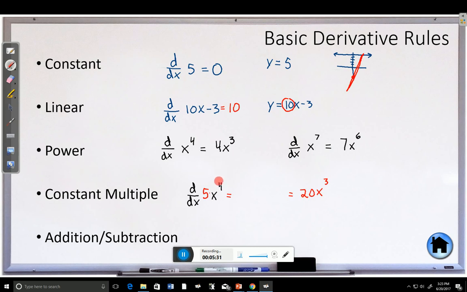Because yes, the 4 multiplies to the 5 to make 20, and then you subtract the exponent to get 1. Very similar to what you did up here. Technically, what you are doing is you are taking that 5 and factoring it out of the derivative.